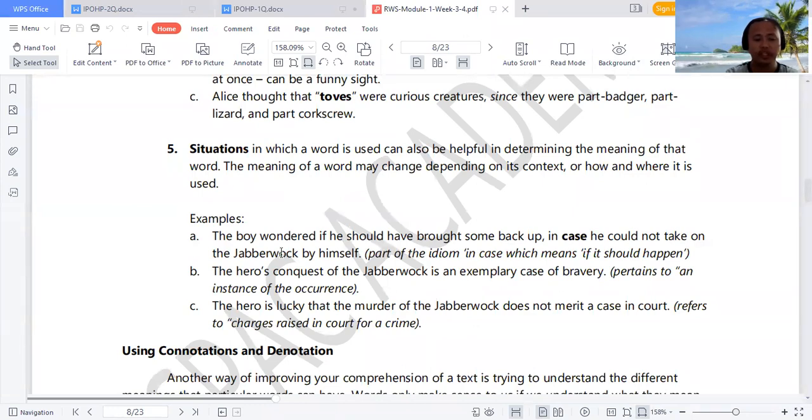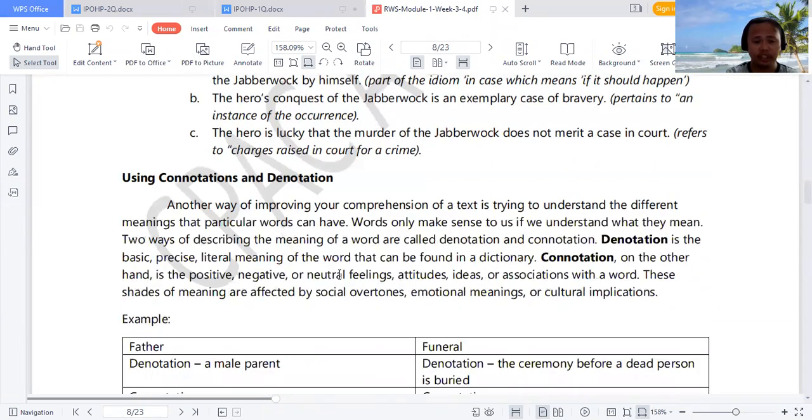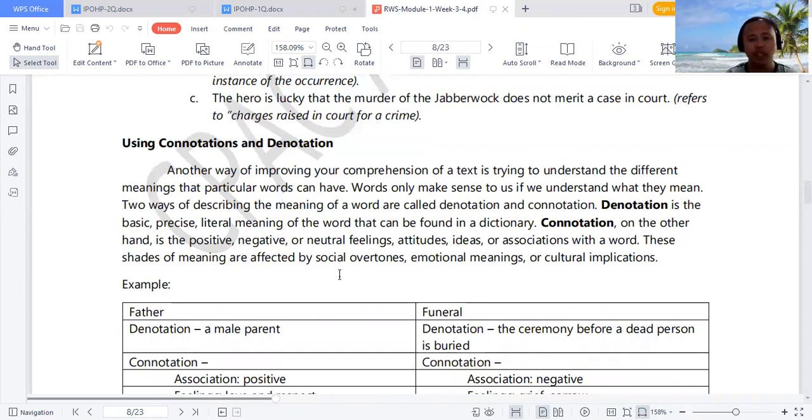So, using connotations and denotations. Another way of improving your comprehension of a text is trying to understand the different meanings that particular words can have. Words make sense to us if we understand what they mean. Two ways of describing the meaning of a word are called denotation and connotation. I'm just repeating here.